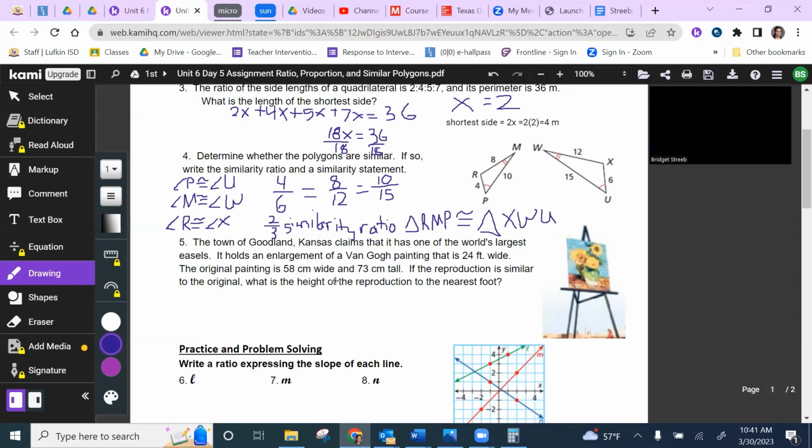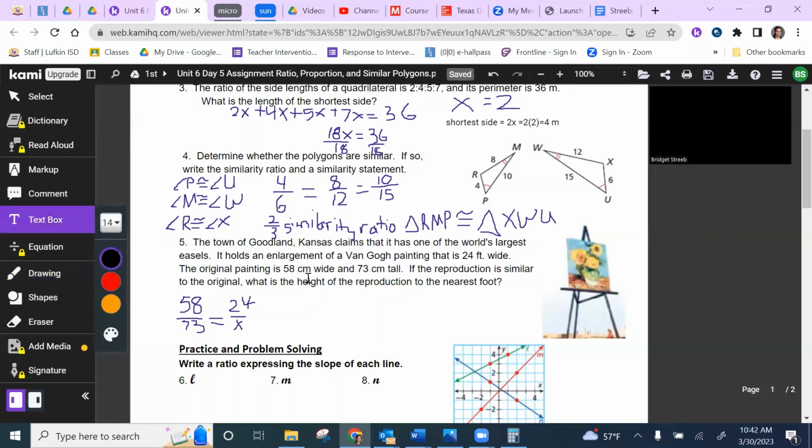So we know the original, so we're going to stack those, 58 over 73. And it equals 24 over x. 24 is our width, and our width on our original was 58. So 24 goes next to 58 over x. And then we're going to cross multiply.